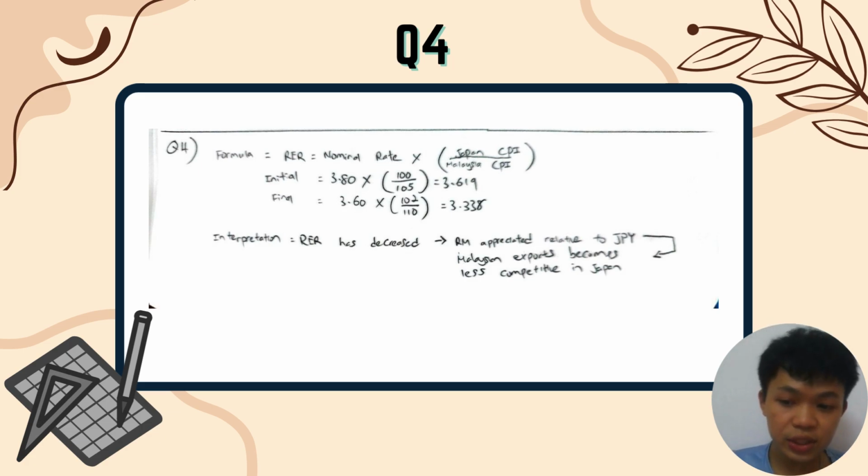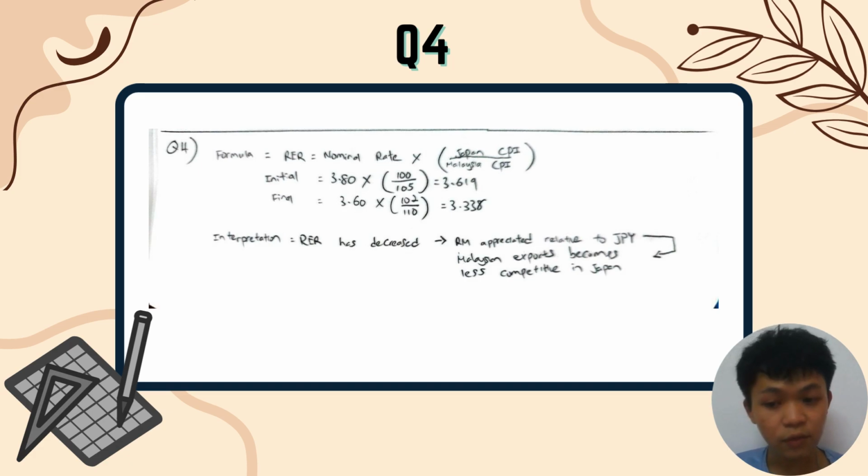So let's move on to question number 4. Real exchange rate using CPI and the nominal rates. We will use the real exchange rate formula again: real exchange rate is equal to the nominal exchange rate multiplied by foreign CPI divided by domestic CPI. Given the initial, 3.8 multiplied by 100 divided by 105, the answer is 3.619.